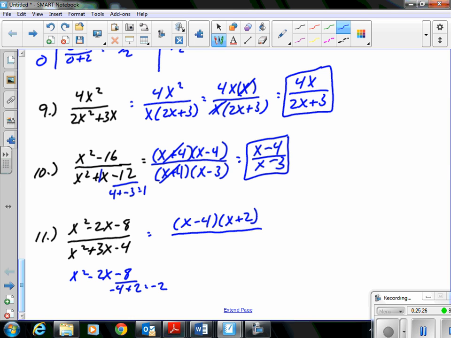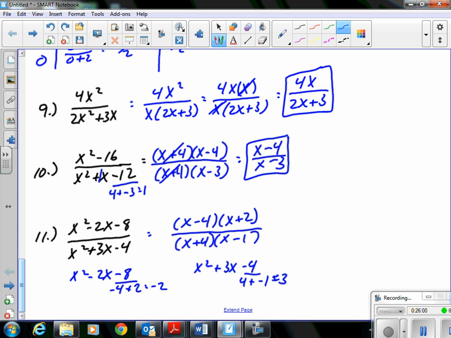The denominator, we've got x squared plus 3x minus 4. Once again, that last number is negative, so got to have a positive and a negative to add up to positive 3. And in this case, the bigger number has to be positive. So that would be 4 and negative 1 would add up to equal 3. So that means that I've got x plus 4, x minus 1.